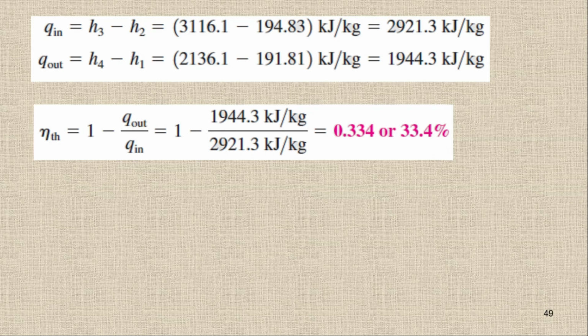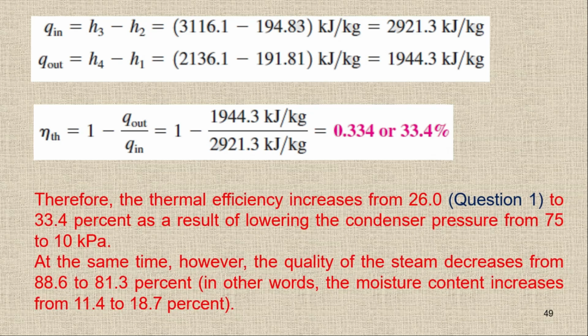Now we have decreased the condenser pressure, and you can see the efficiency has increased from 26 to 33.4 percent. So it is proved that by decreasing the condenser pressure, the efficiency will increase.